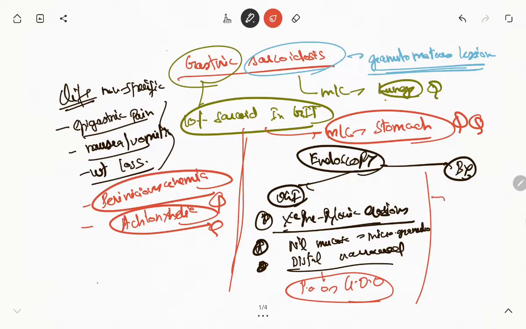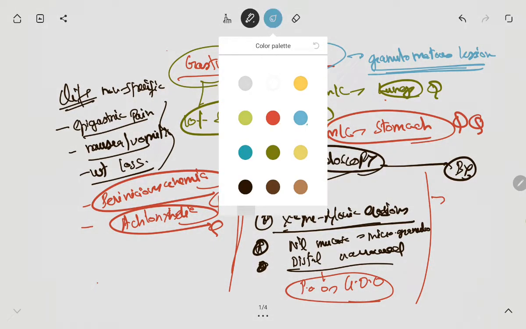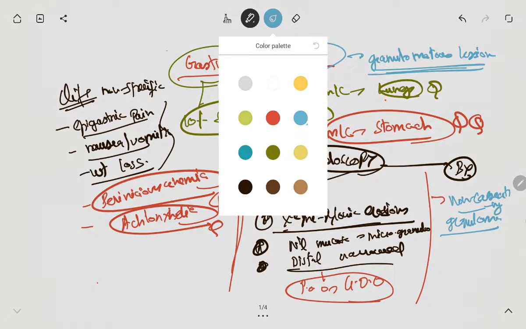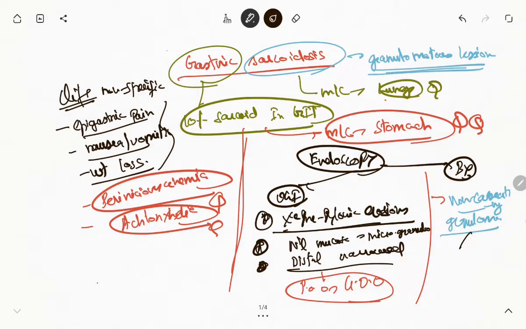Moving on to microscopic features. On microscopy or biopsy, what you're going to see is non-caseating granuloma. Once you see non-caseating granuloma, especially in a setting like India, you have to rule out tuberculosis, which every clinician or surgeon sees in the OPD every day.